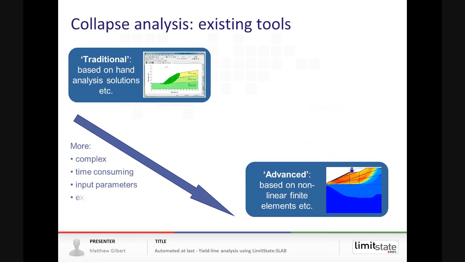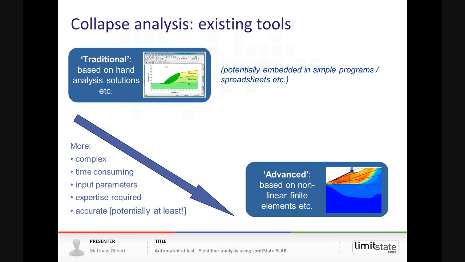So let's have a look at the sort of landscape when it comes to collapse analysis in a number of different subsectors. So, for example, if we're doing a geotechnical analysis, we've generally had polarization between traditional hand calculation methods or automated hand calculation tools on the one hand, and what you might call advanced tools, which use techniques such as nonlinear finite elements at the other extreme.